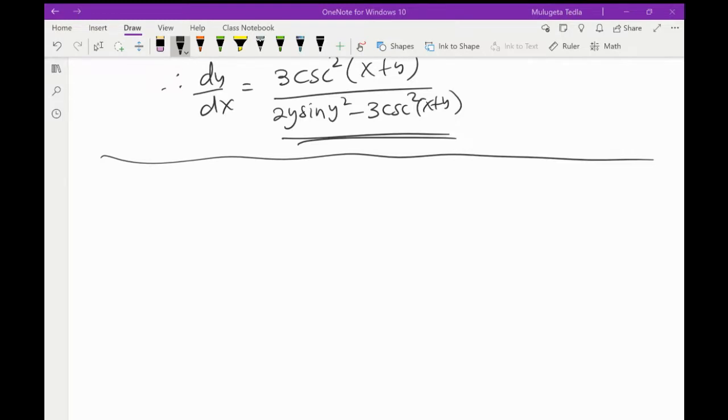Will you be tested on implicit? I don't think so. No, but you need to know because when you do applications in trigonometric functions, you will find this kind of questions.